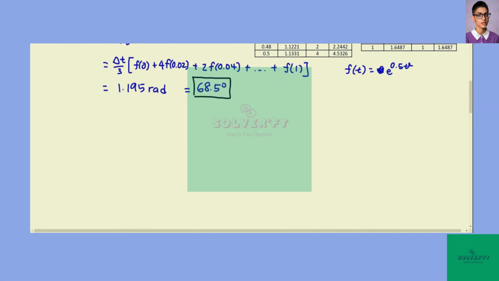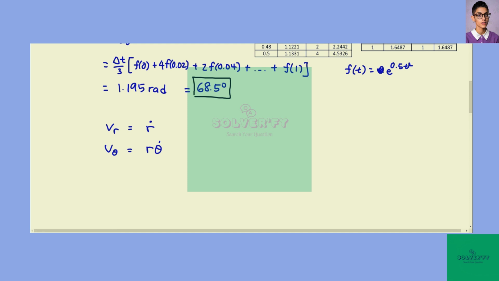Now we can get back to the calculations. Before that, let us recall the formulas. V r, the radial component of the velocity, is r dot. The transverse component is v theta equals r theta dot.